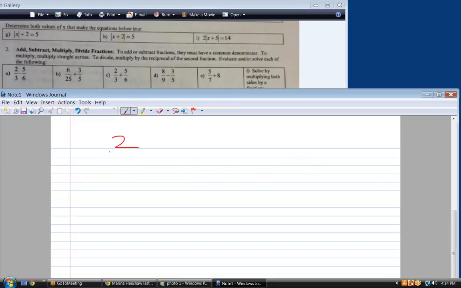Okay, now we're going to add. Adding or subtracting fractions is actually far more difficult than multiplying or dividing them, because we have to find a common denominator.